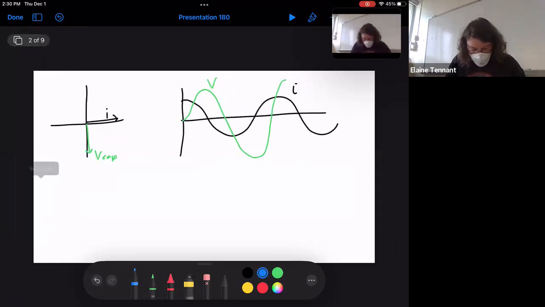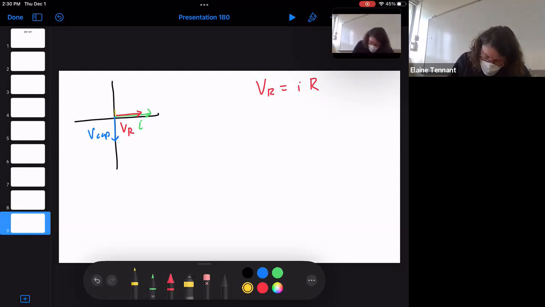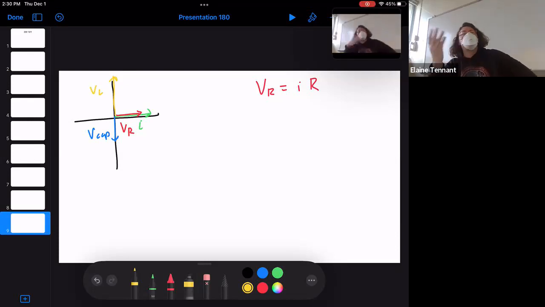Okay, shoot, I needed that back. And then last of all, I have my inductor, and my inductor leads, because whatever this inductor is doing, it does 90 degrees before the current does. Is that okay?